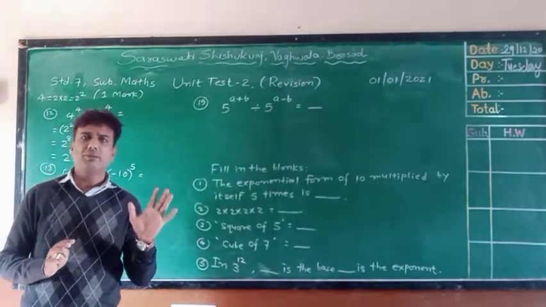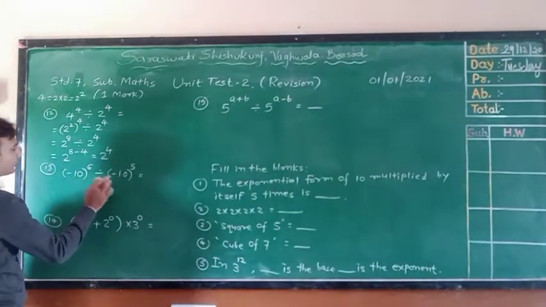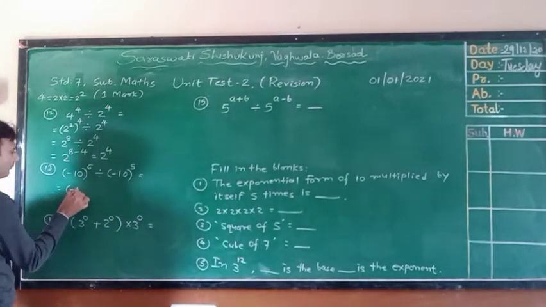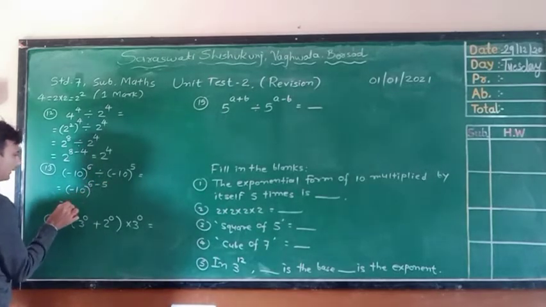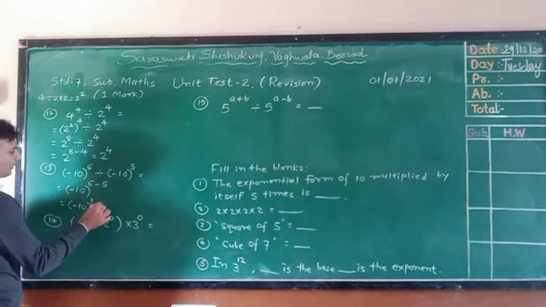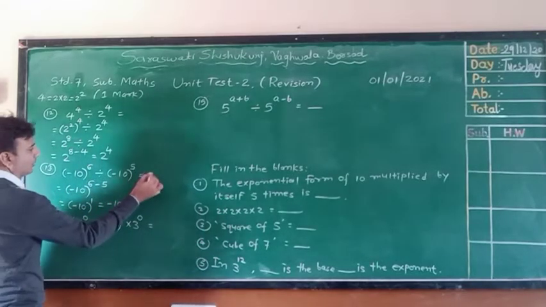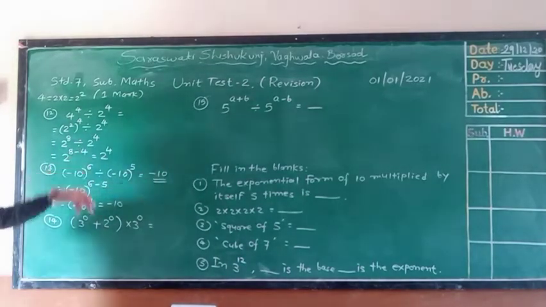Division means we can do subtraction. 6 minus 5 is 1, and 1 power means itself. So the answer is minus 10. Here the answer is 2 raised to 4.